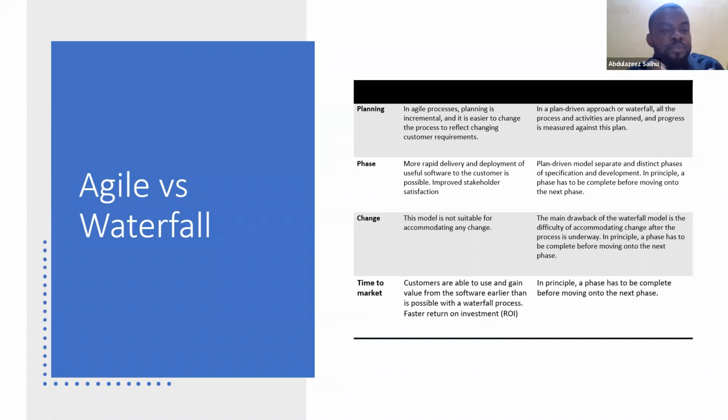Because on a yearly basis, at the beginning of the year, organizations set their KPIs. I want to achieve X, Y, Z in terms of revenue, cost reduction.